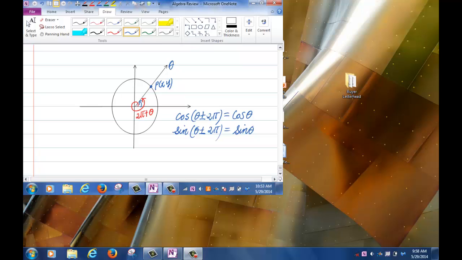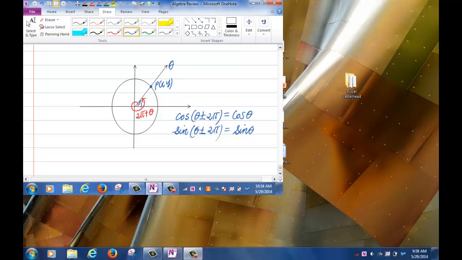This is why we say that cosine and sine, they are periodic with period 2 pi. Okay, sine function and the cosine function, they are periodic with period 2 pi. What I mean is that if you know the value of cosine theta, and then if you add or subtract 2 pi, you get cosine theta again, right?